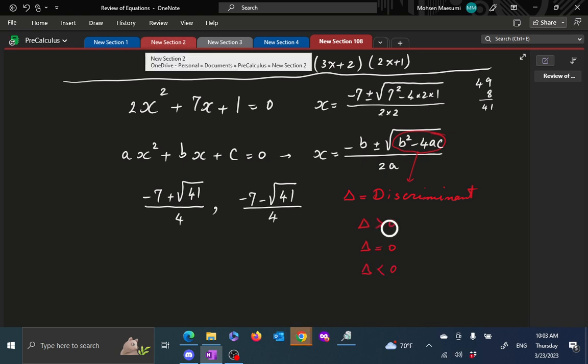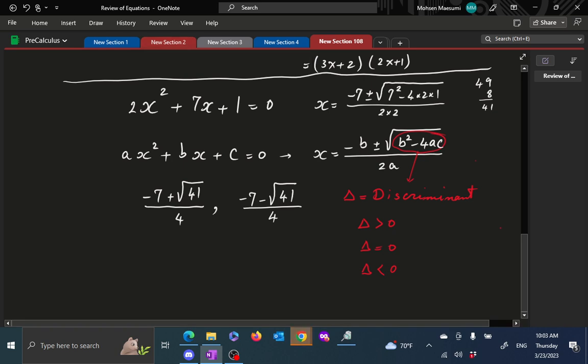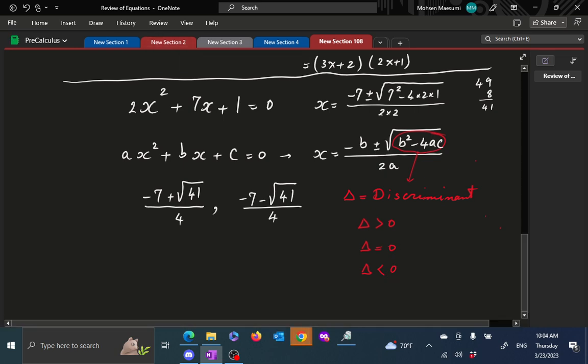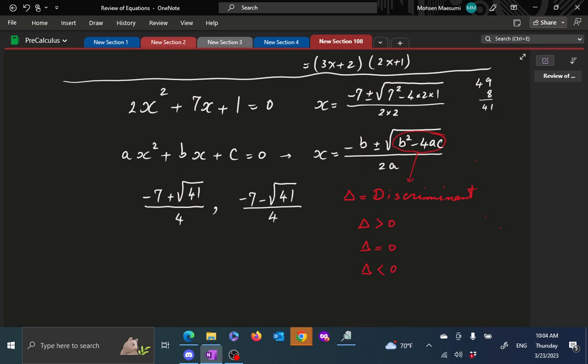So if delta is positive, we have two distinct roots. If delta is 0, we have two identical roots. If delta is negative, we have two complex roots.